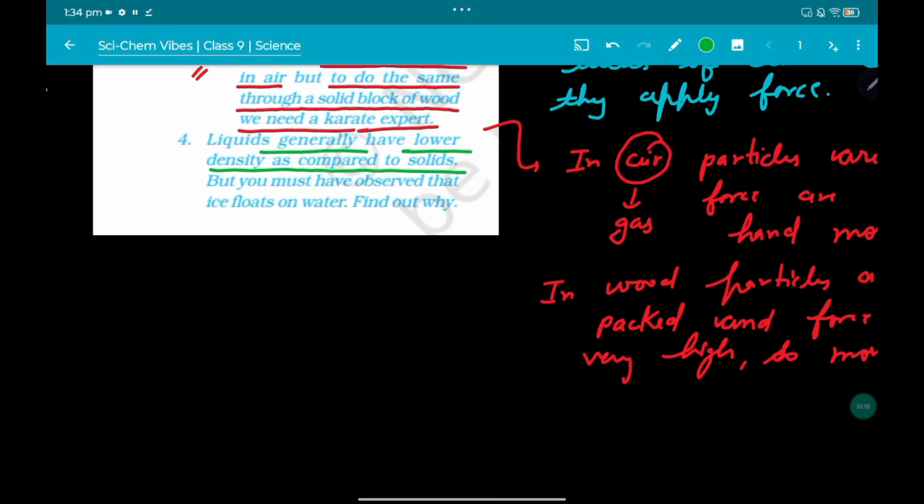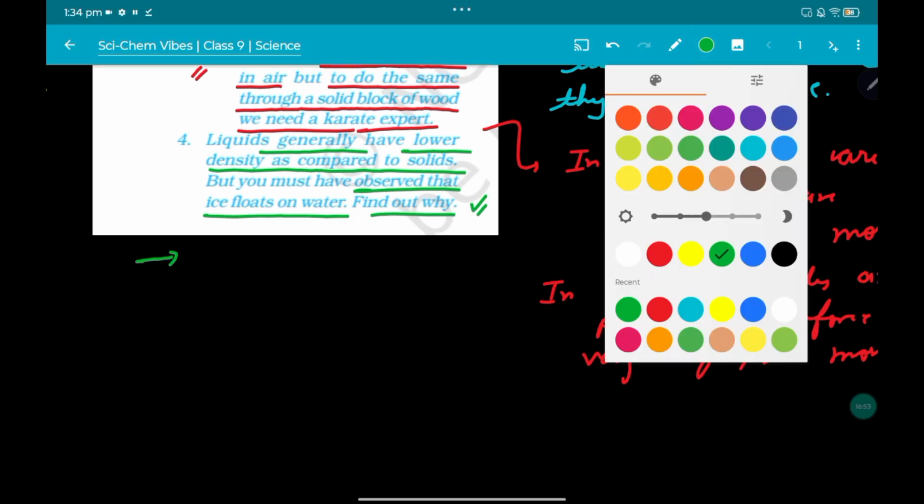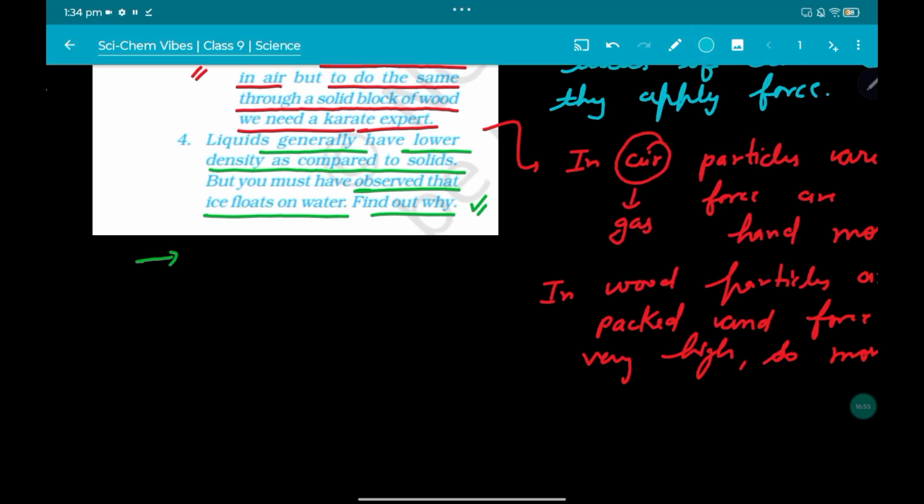Liquid generally has lower density as compared to solid, but you must have observed that ice floats on water. Find out why. This is a very interesting question. Normally, solids are denser than liquids.